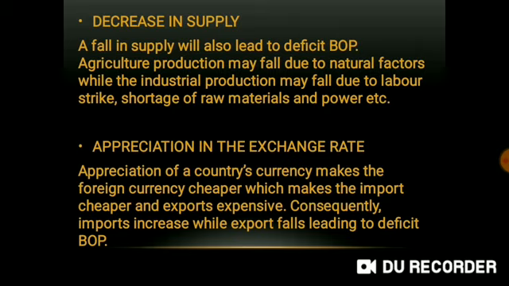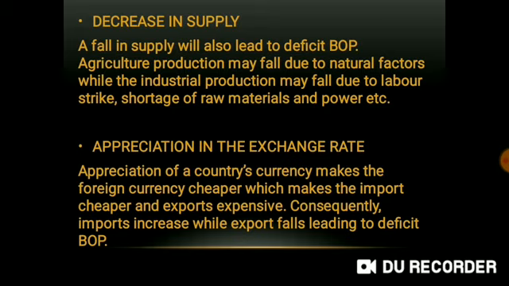So whenever appreciation of a country's currency happens, then normally this makes the import cheaper and export expensive, because whenever the appreciation takes place in the country, then we are able to get the same commodity from foreign market at less Indian rupee. Understood?